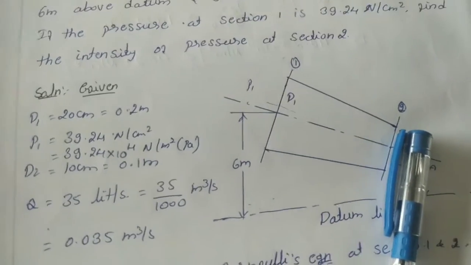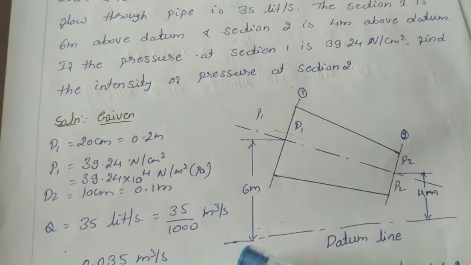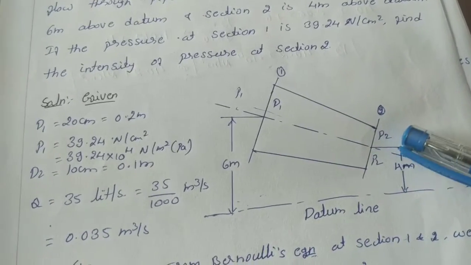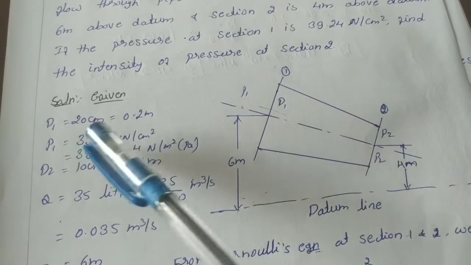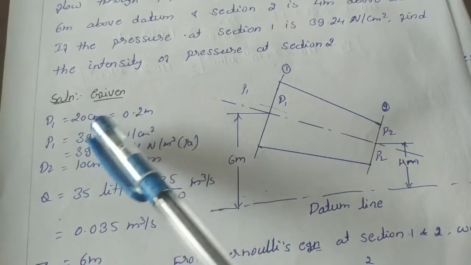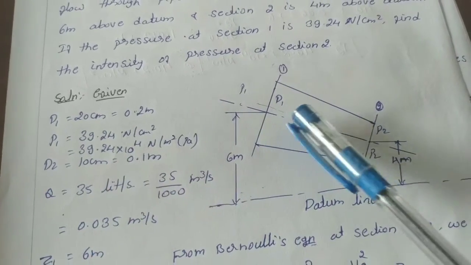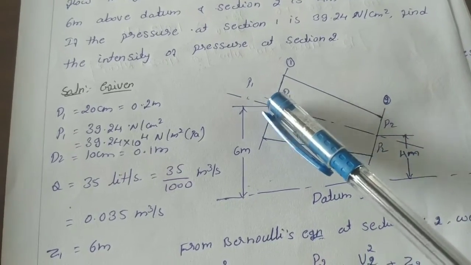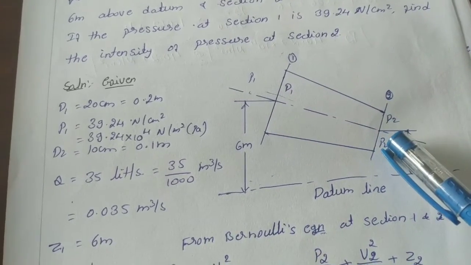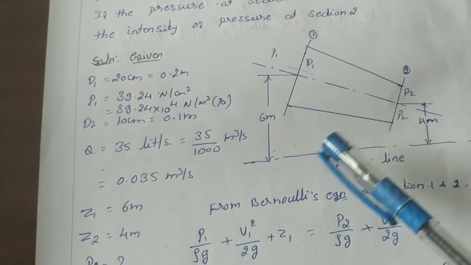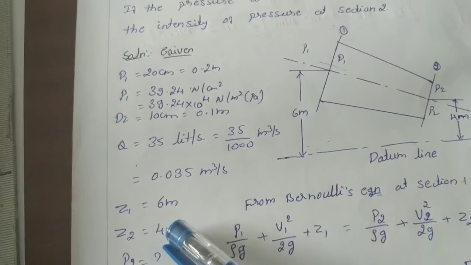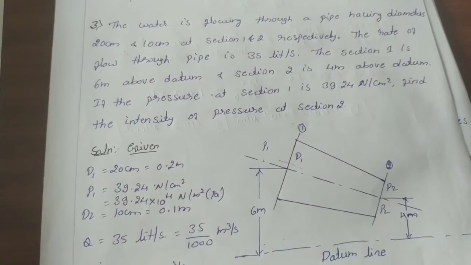D1 is the higher diameter and D2 is the lower diameter, hence the diameter at the inlet is more and at the outlet is lesser. This is called Z1 and this is called Z2, and Z1 and Z2 are given in the problem.